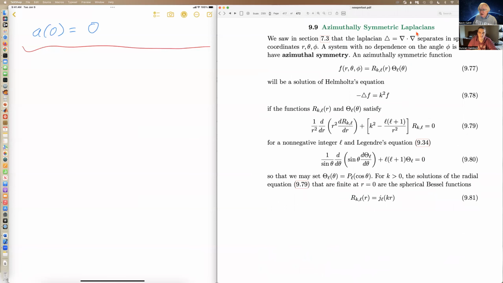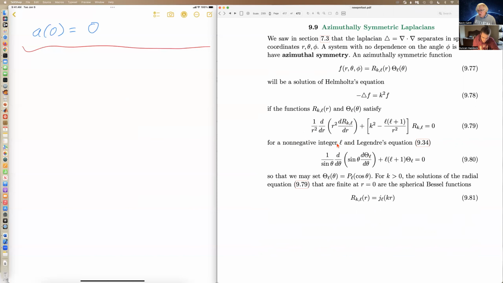The azimuthally symmetric Laplacians. We saw in section 7.3 that the Laplacian separates in spherical coordinates, and if it has no phi dependence, then the solution is just R_kl times Theta_l. That'll be a solution of Helmholtz's equation as long as R and Theta satisfy this equation for non-negative l.